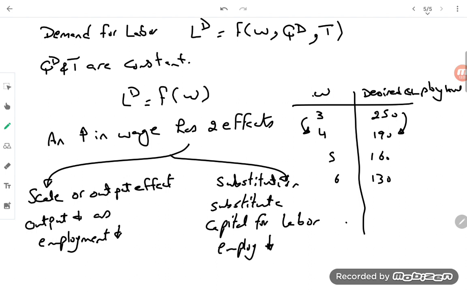So an increase in wages has two different effects. Number one, output effect. In this case, production is going to decrease as employment is going to decrease. And number two, substitution effect, which means that firms are going to think about substituting capital for labor. So in this case, also employment is going to decrease.